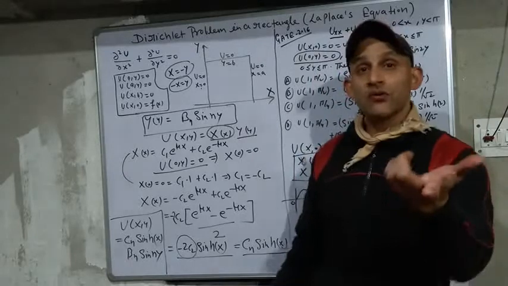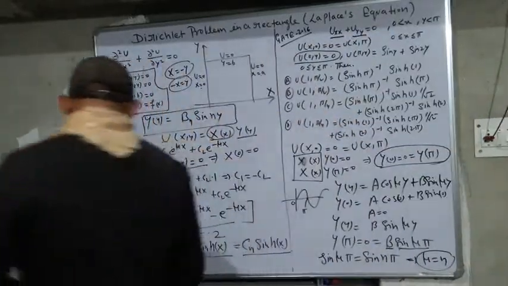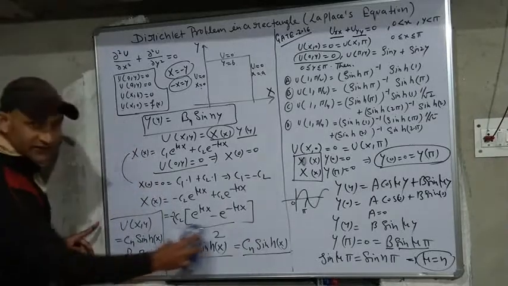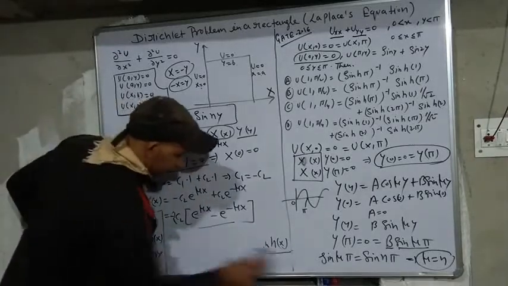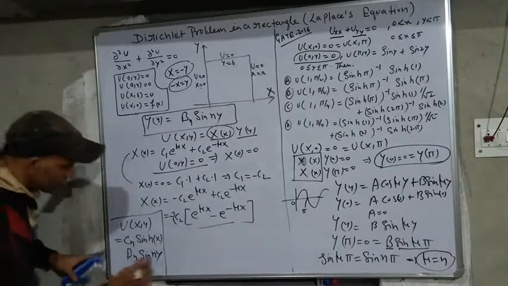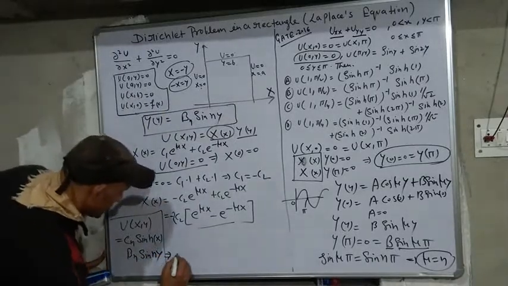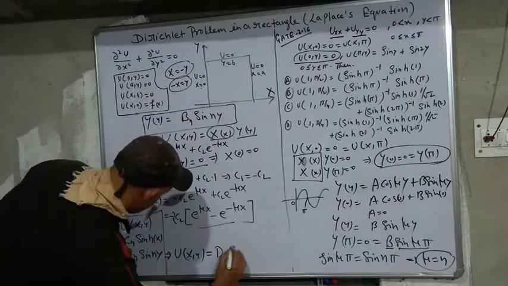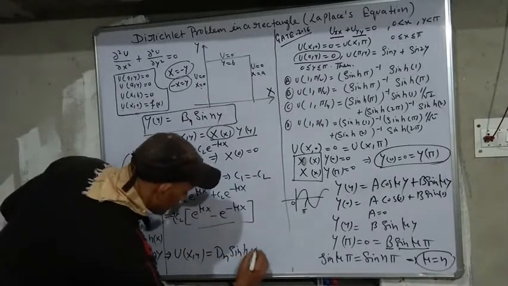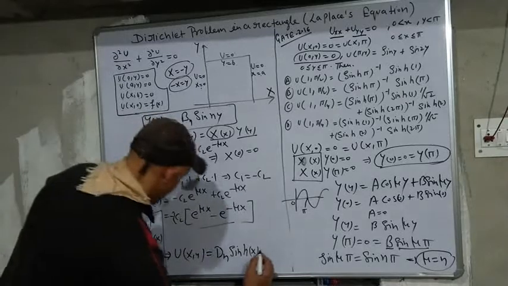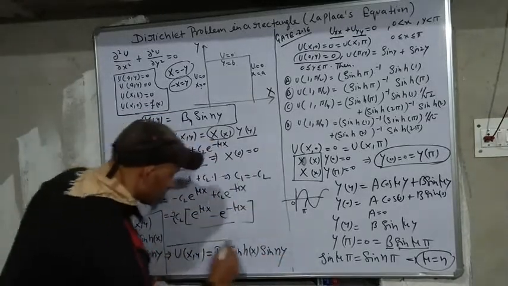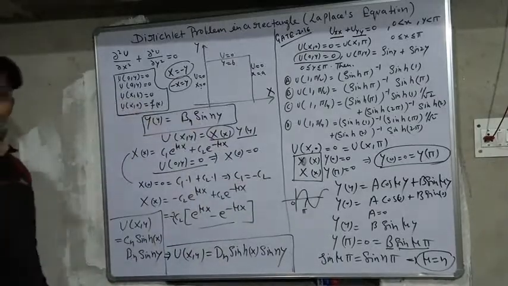Very simple, both are constants. So you can write, I am erasing it, your solution will be u(x,y) is equal to dn sinh(x) sin(ny). This is your solution.